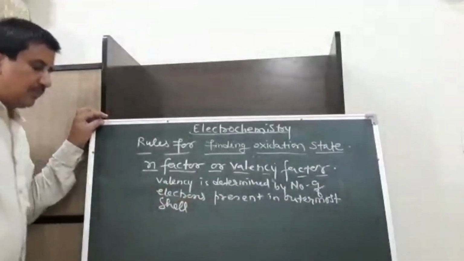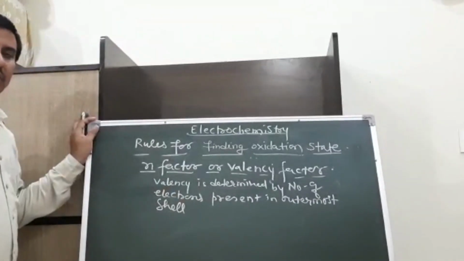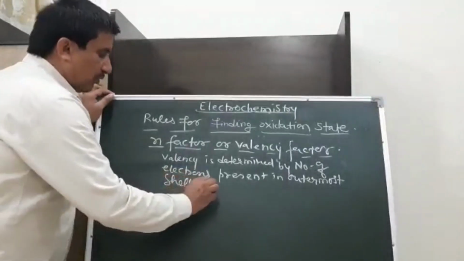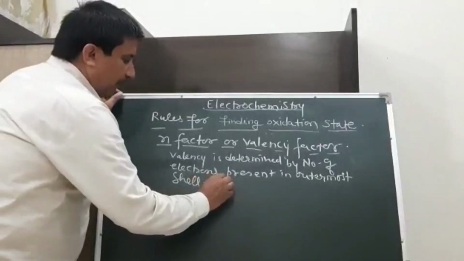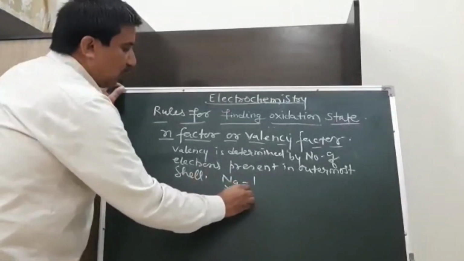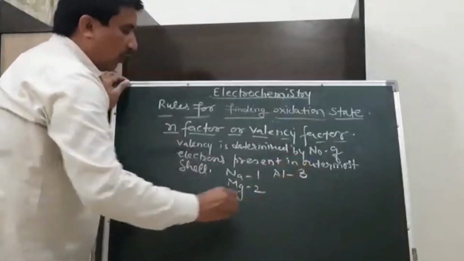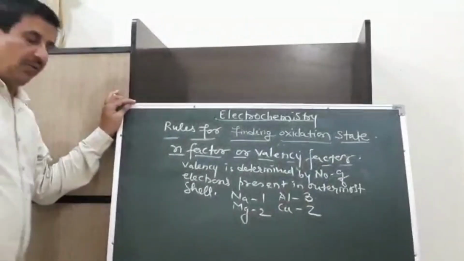So suppose we want to take the valency factor of sodium, it is 1, for magnesium it is 2, for aluminium it is 3, for copper it is 2. So these are the valency factors.